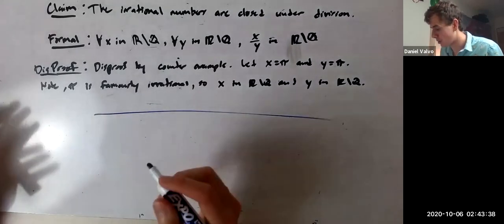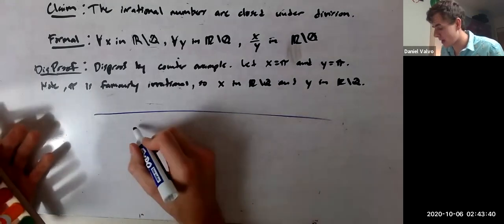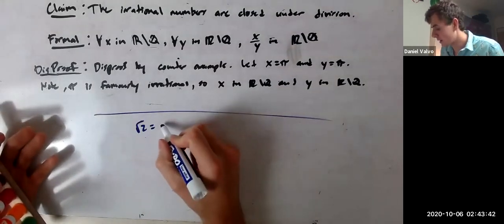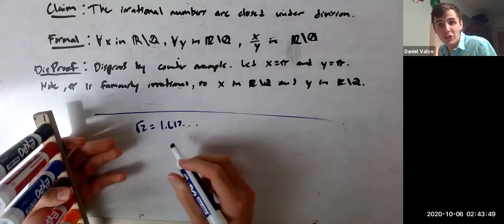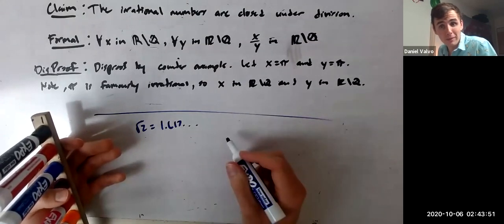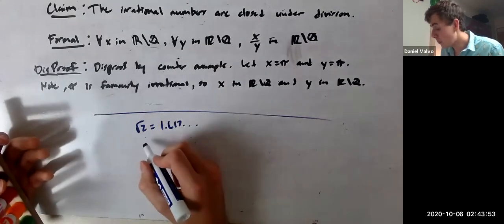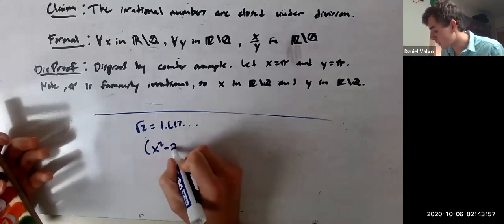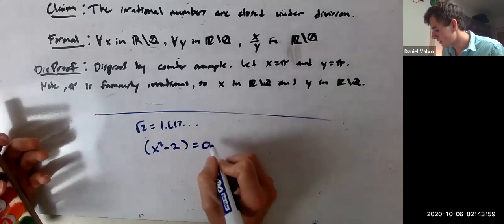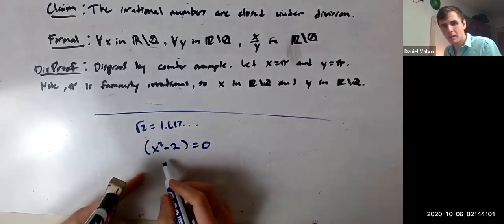So here's what I mean by that. The square root of 2 is irrational. The square root of 2 equals like 1.4 something, but it goes on forever. They just never repeat. So the square root of 2 is irrational, but it is a root to this equation, right?